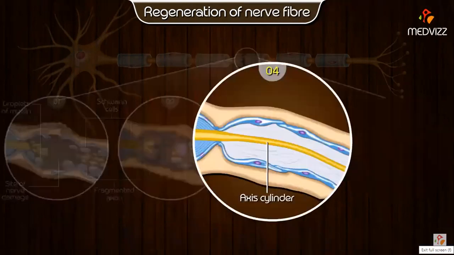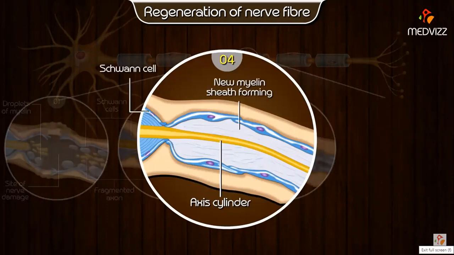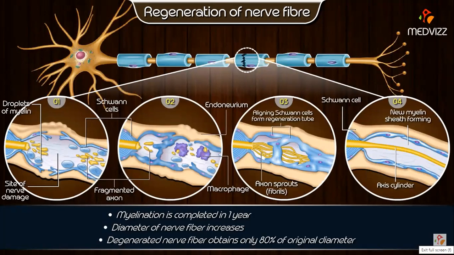Active cylinder is fully established inside the neurolemmal tube. These processes are completed in about 3 months after injury. Myelin sheath is formed by Schwann cells slowly. Myelination is completed in 1 year. Diameter of the nerve fiber gradually increases. However, the degenerated nerve fiber obtains only 80% of original diameter.